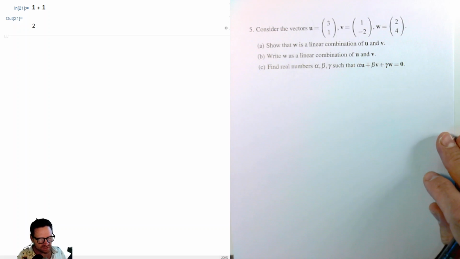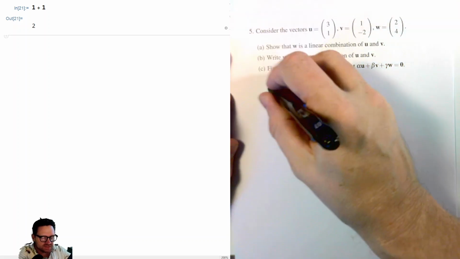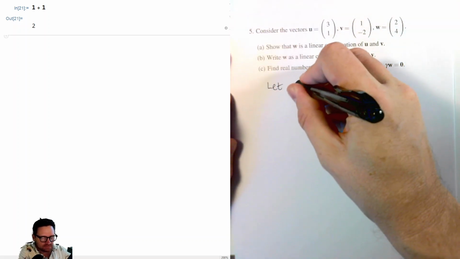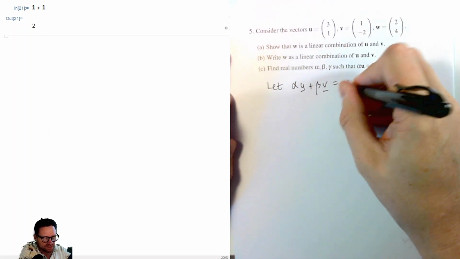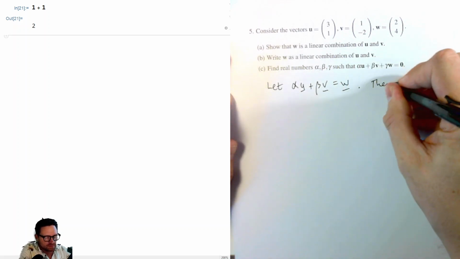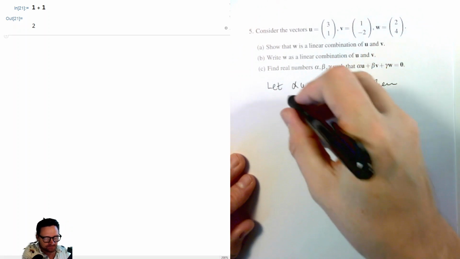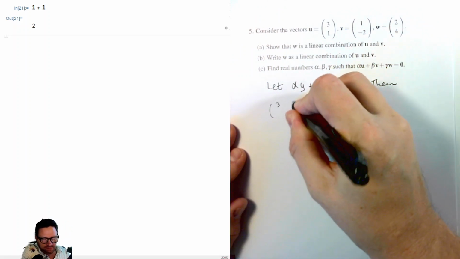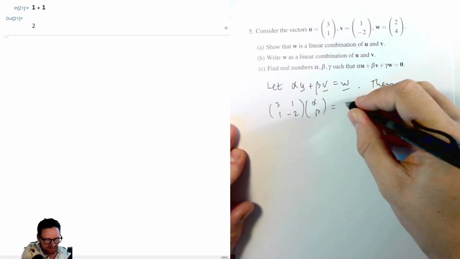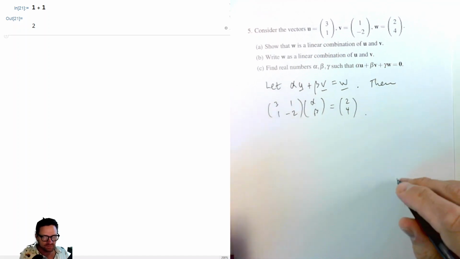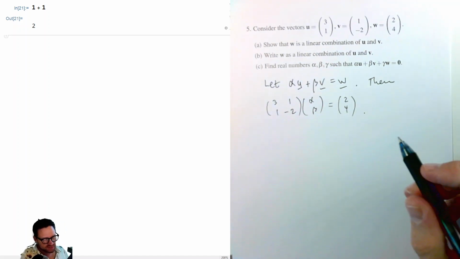Consider the three vectors u, v, and w. Part A, show that w is a linear combination of u and v. Okay, so let alpha u plus beta v equal w, then the matrix 3, 1, 1, minus 2 times alpha, beta is equal to 2, 4. Well, let's find the inverse of this matrix.